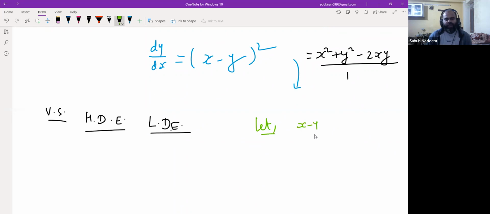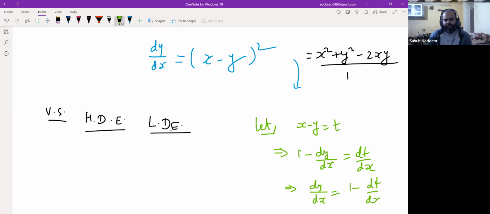this x minus y be equal to t. So when you differentiate, 1 minus dy by dx is equal to dt by dx. Or you can say that dy by dx is equal to 1 minus dt by dx.